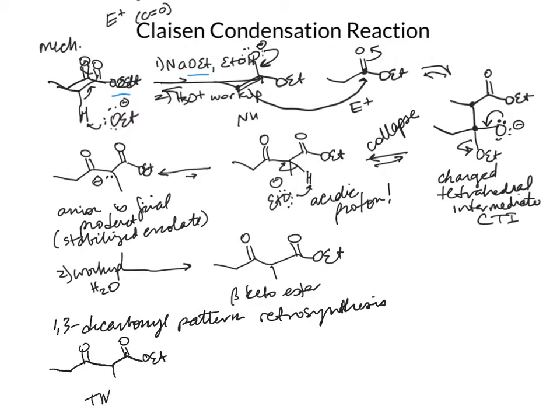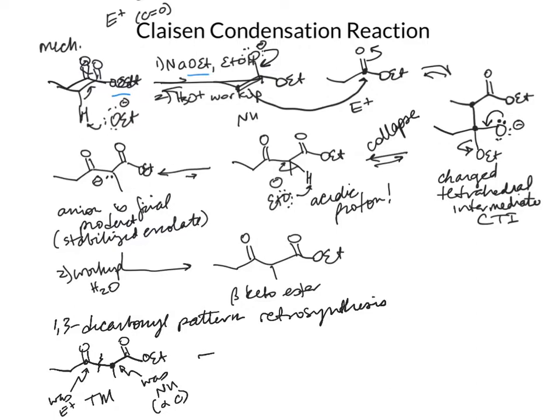If this is my target molecule, what I'm going to do, as usual, is focus in on the alpha carbon, and make a disconnection at the alpha carbon. So the alpha carbon was my nucleophile as the enolate, which means the other carbon it's going to react with was my electrophile.